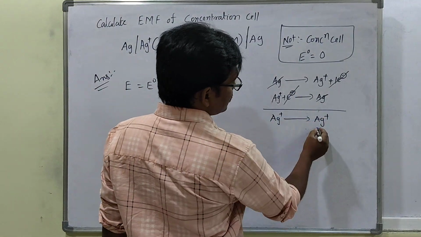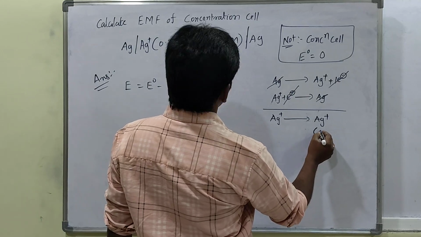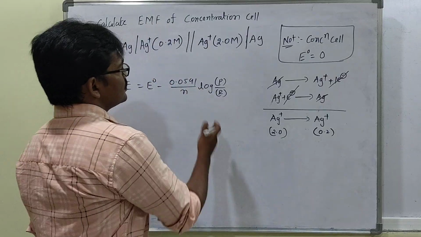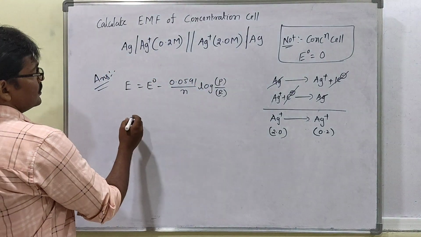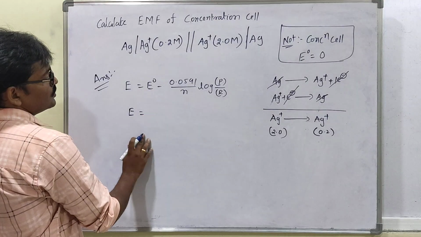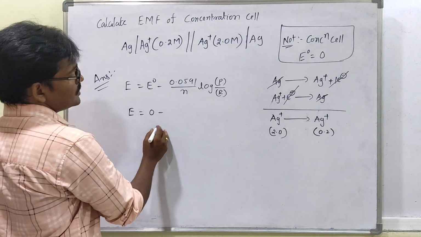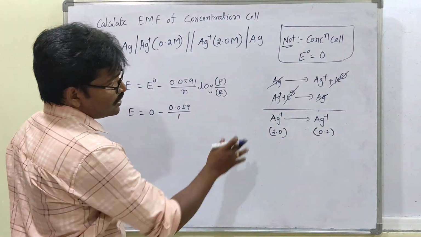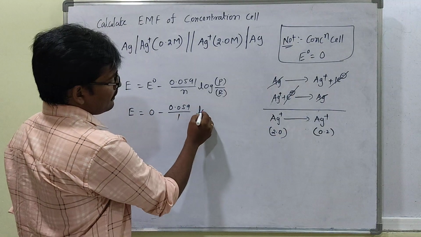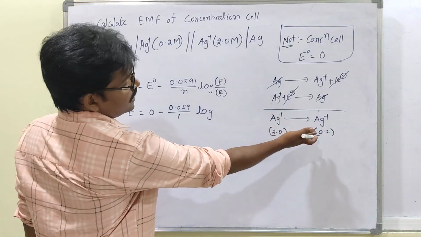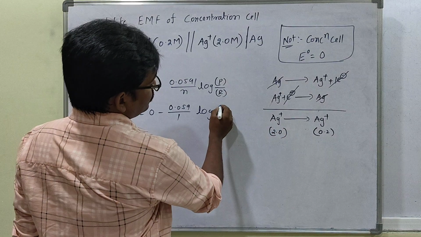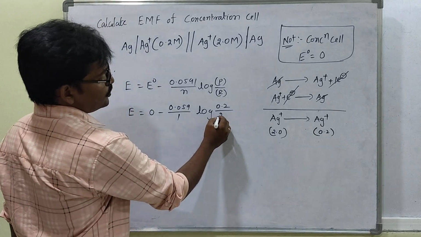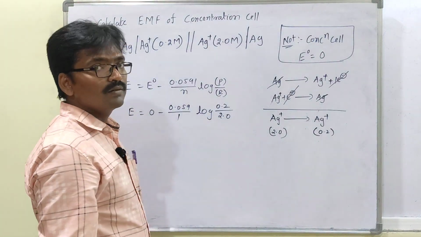This concentration is 0.2 and this concentration is 2.0, so we have to note those concentrations. Then E cell equals E naught cell, which is 0, minus 0.0591 divided by n, with n being the number of electrons, log of product concentration 0.2 divided by 2.0, which is 1 by 10.